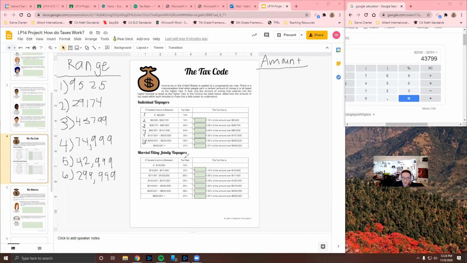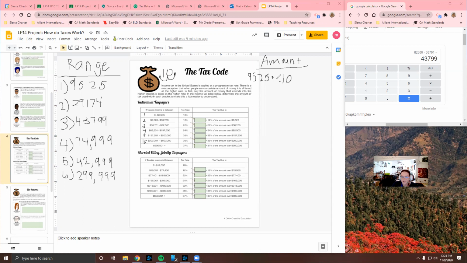Again, I'm going to help you out with this first grouping, and you'll be on your own for the second one. So if my first amount, we take our range here, 9525, times the tax rate, in this case 10%, becomes 0.10 because we bumped that decimal twice. I'll show you how to do that one more time. If you don't remember, take your decimal, you bump it twice, and it goes right in the front.